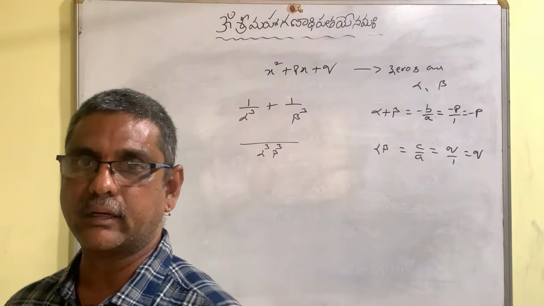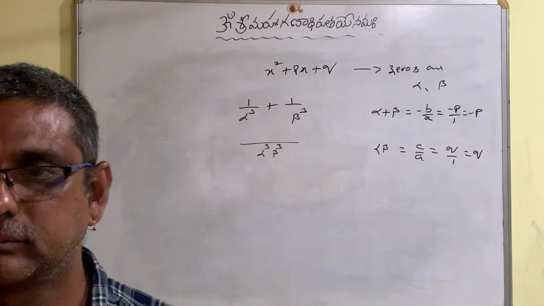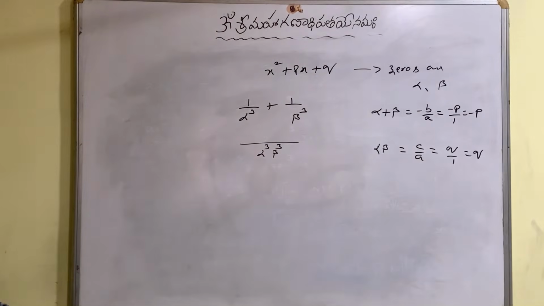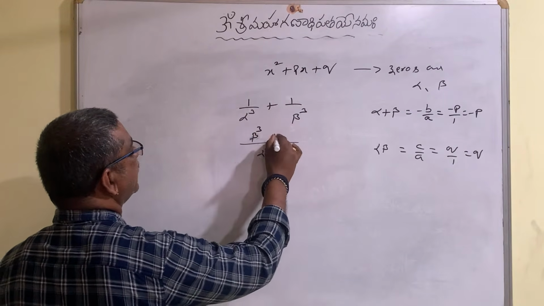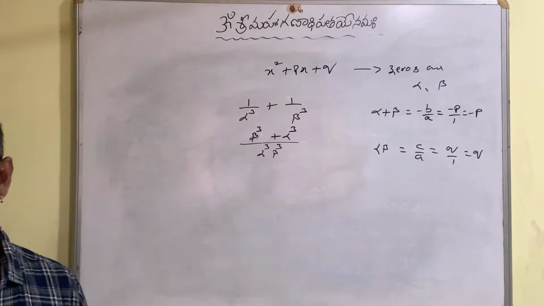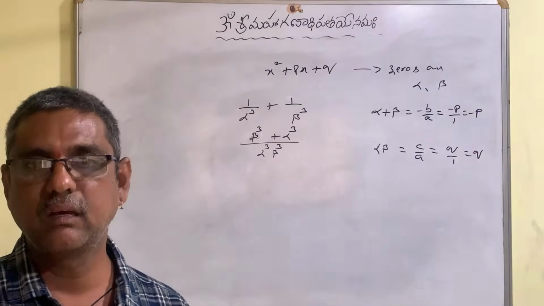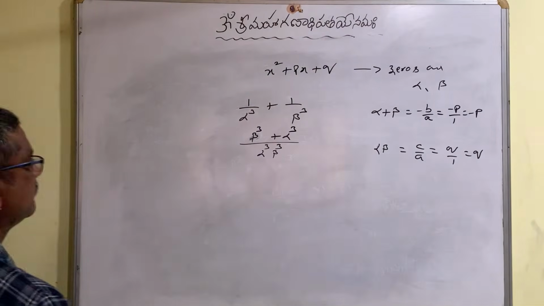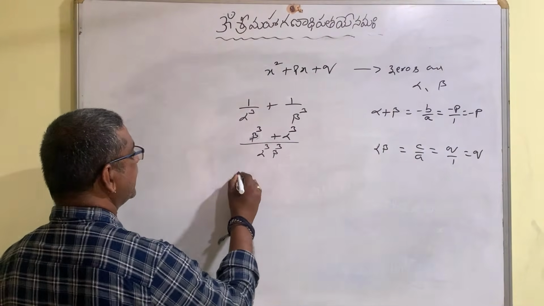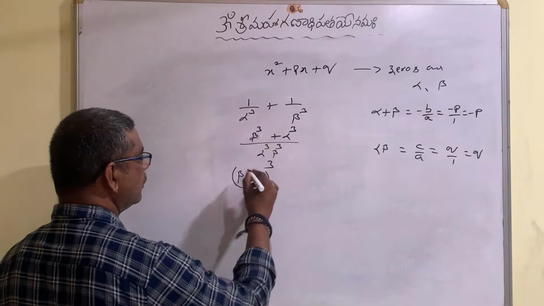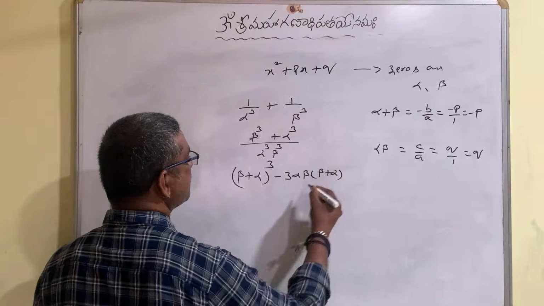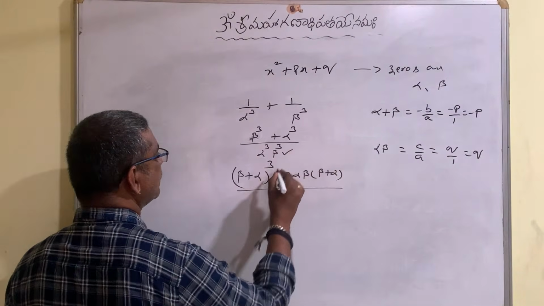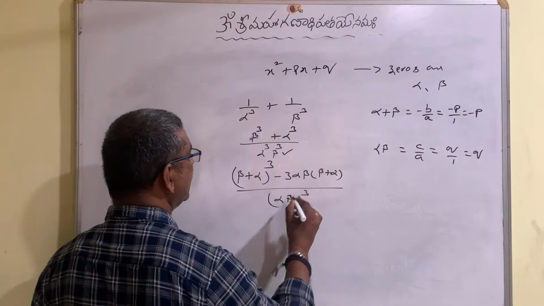Here you will get beta cube plus alpha cube. Now, beta cube plus alpha cube we can write as beta plus alpha whole cube minus 3 alpha beta into beta plus alpha, and the denominator we can write as alpha beta whole cube.